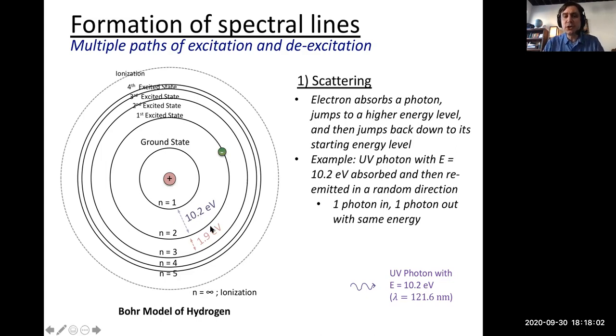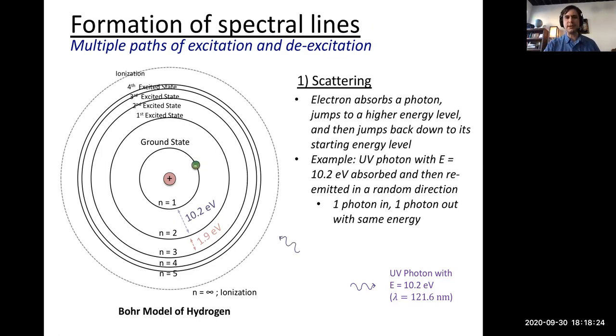It has too much energy, 10.2 electron volts, too much for it to live in the ground state. So it's going to shed 10.2 electron volts of energy, that exact same ultraviolet photon, but it's just going to happen in any random direction.